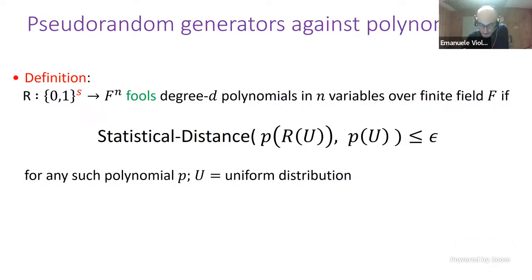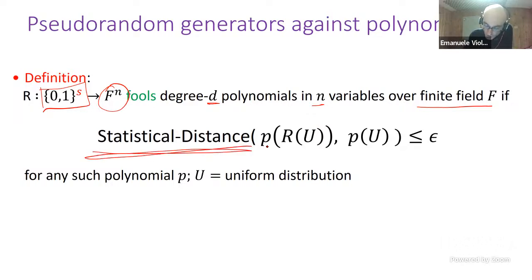Just to be precise, a pseudorandom generator is now a map from S bits, so the seed length is S, to a tuple of n field elements, and I'm working over a generic finite field F. I say that this fools degree d polynomials in n variables if the statistical distance between the output distribution of the polynomial over uniform inputs, P of U, and the output distribution of the polynomial when you plug in the output of the generator is small.